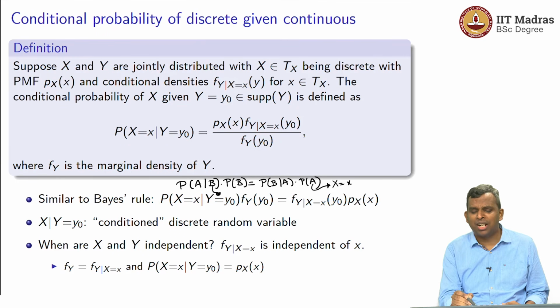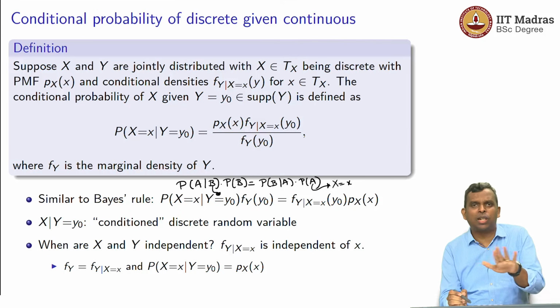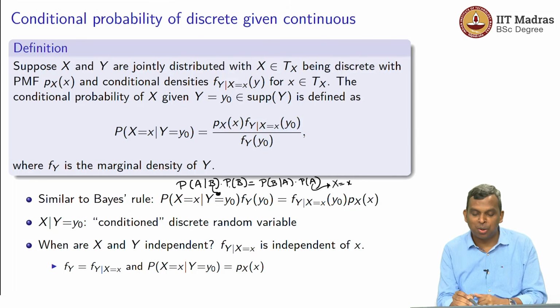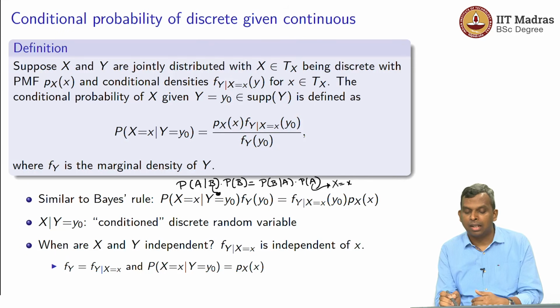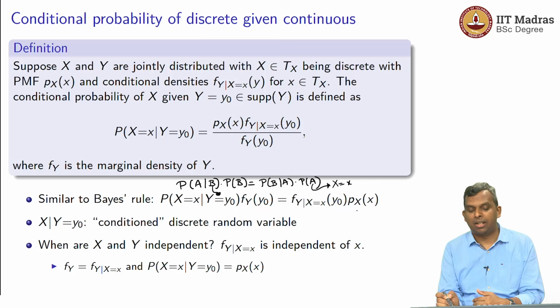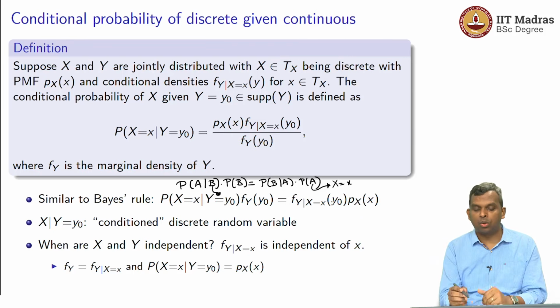And wherever you have a continuous random variable, you just smoothly go to the density. The probability of B is of course 0, so it doesn't make sense there, and you just move into the density. Likewise, B given X equal to x also goes to 0 in probability, but you can move to the density, and then this equation is valid. So it's like Bayes' rule, with densities conveniently replacing probabilities for continuous random variables.